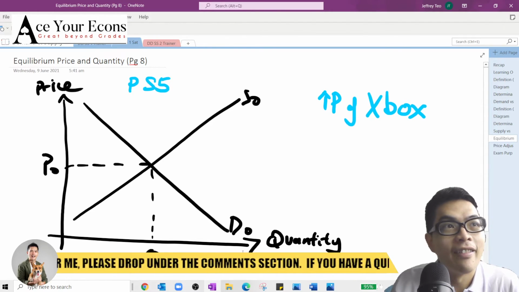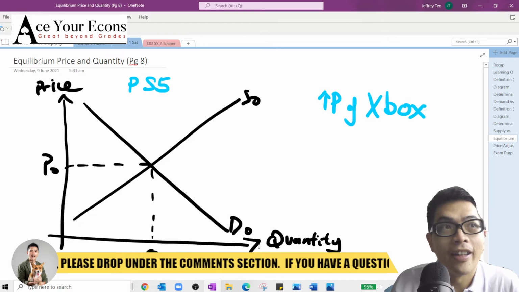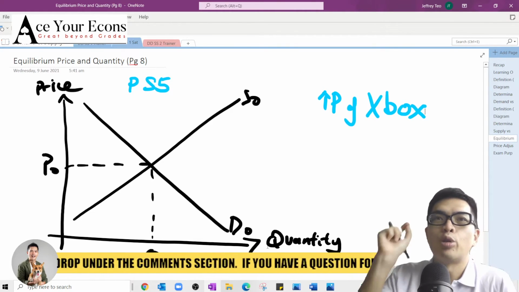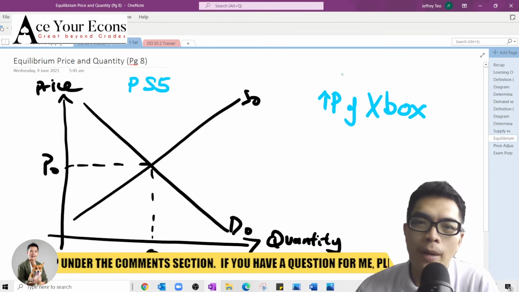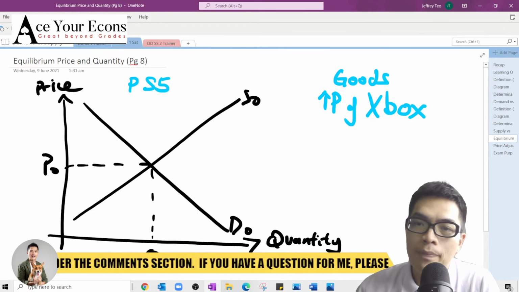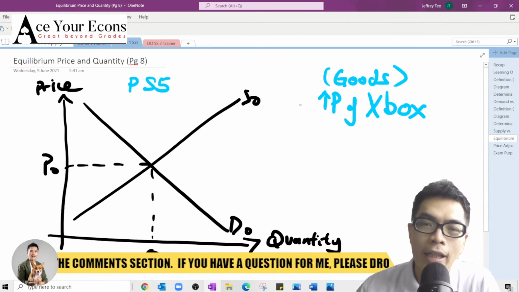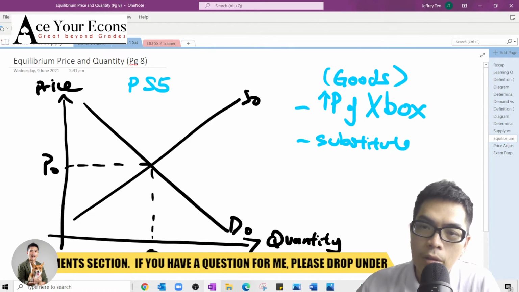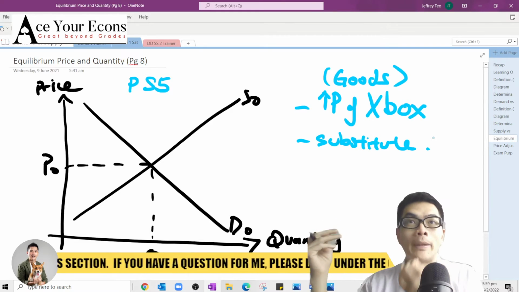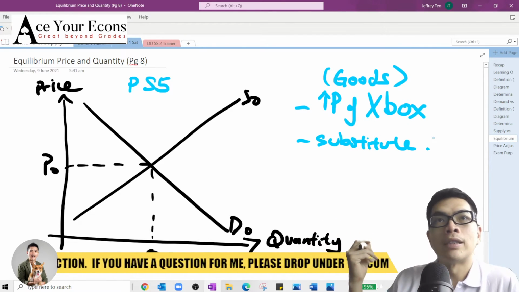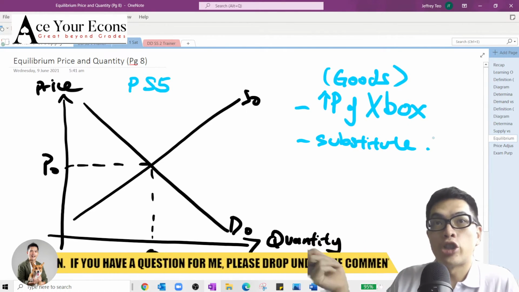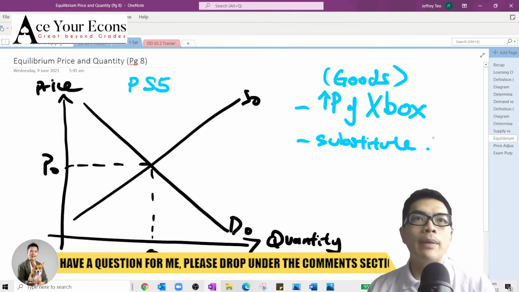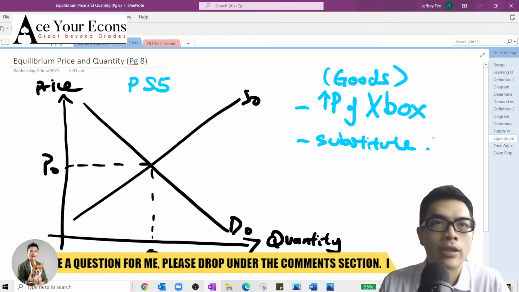The substitute. Good. Which alphabet? G. Good. So we are concerned about goods, and we identify that this is a substitute, right? So we have to be very quick in determining what is the factor here. So this is a G factor. So next, what is going to happen to the market? What is going to happen to the market for PS5?